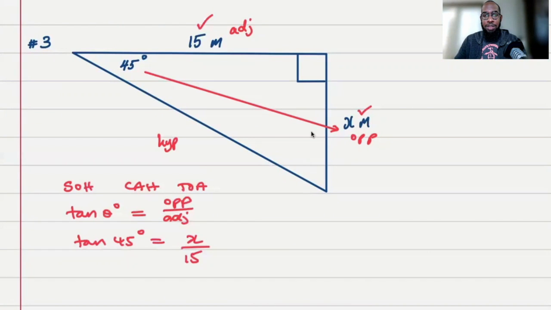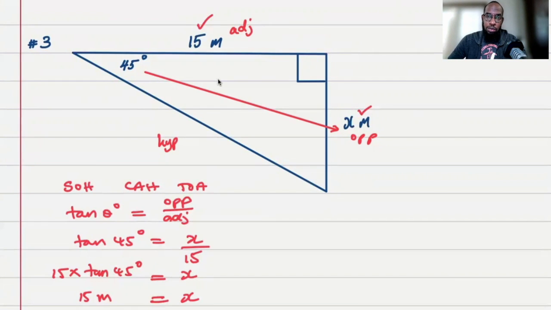Substitution: opposite is x, 15 is adjacent. x is equal to 15 multiplied by tan 45 degrees. Use a calculator. Tan 45 is equal to 1, so 15 multiplied by 1 is 15 meters. That is what x is equal to.